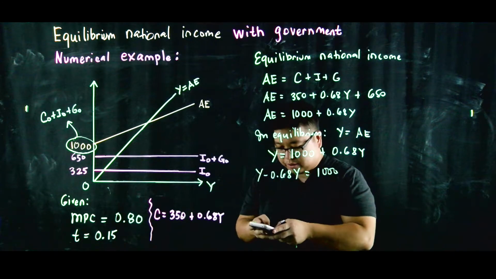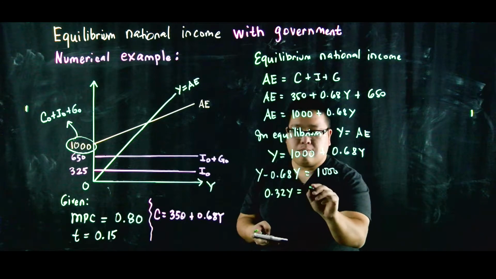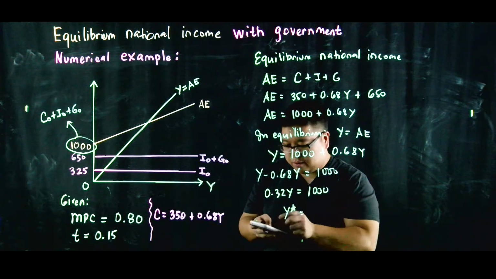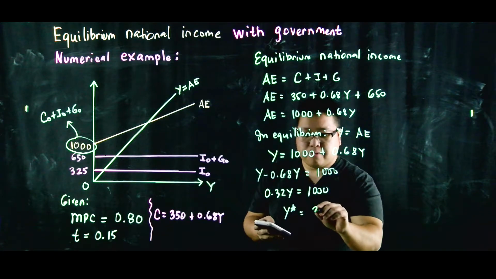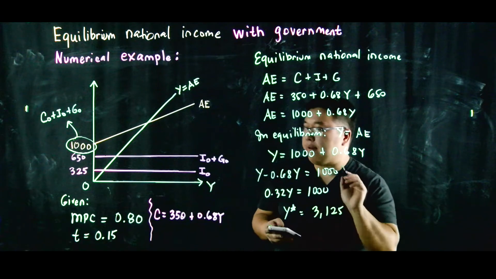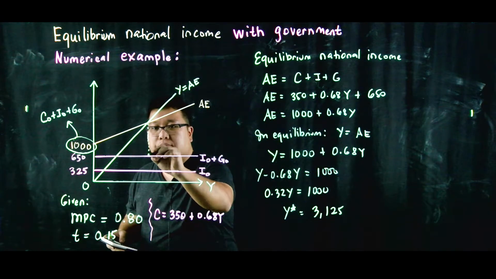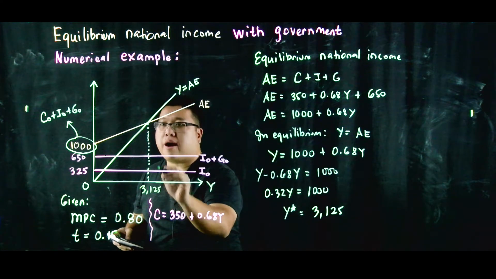So 1 minus 0.68 is 0.32. And y star is simply equal to 1,000 divided by 0.32, 3,125. So the equilibrium value for y is 3,125.